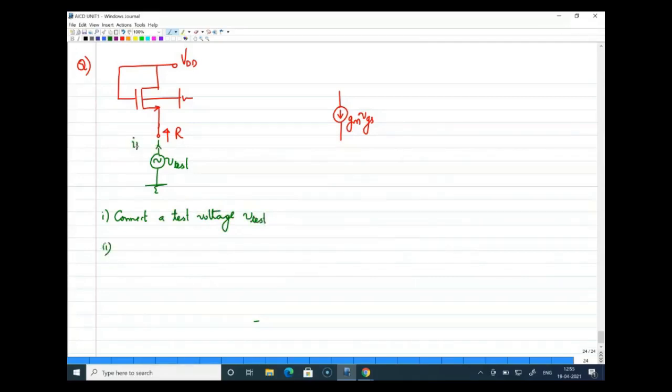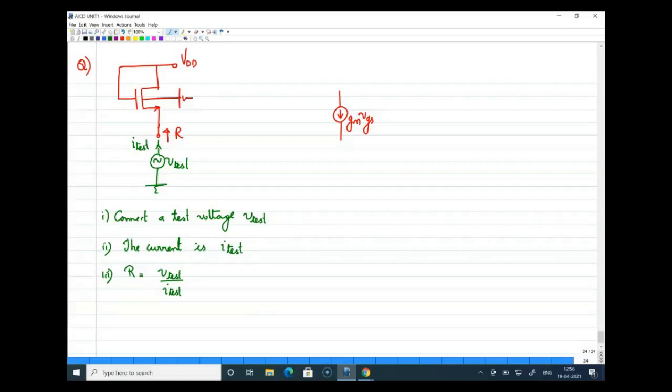So I'll consider that I test is the current flowing, and to find resistance, what we do is we find V test by I test. This will tell you the impedance seen from this side. So ideally we connect a voltage source, pump a current I test, and then find V test by I test. That will give you the resistance. That is the general procedure to find the impedance.